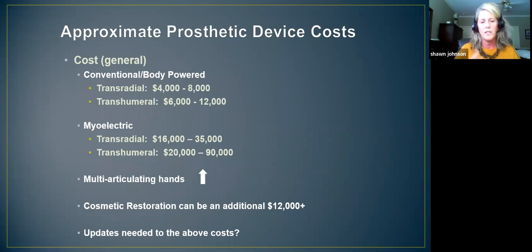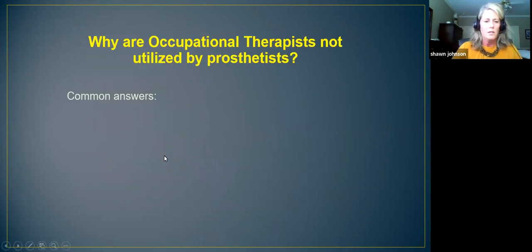And then multi-articulating hands, that's going to go higher, and any kind of cosmetic covering gloves are going to add to the cost as well. So again, just reiterating, it's an expensive piece of equipment, and the more you can utilize an OT to help improve outcomes, the better off you'll be. So it just doesn't get discarded.